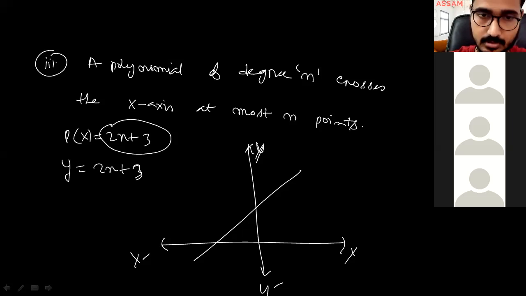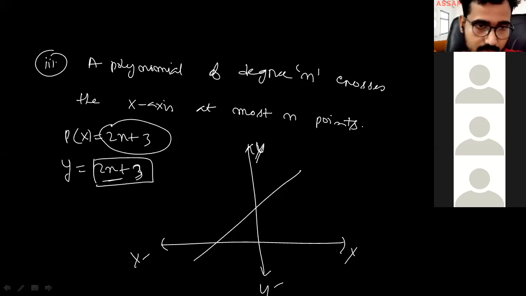First you have to see whether the variable is x or y. Here the variable is x, that means the polynomial is 2x plus 3. We let y equal to 2x plus 3 for plotting, but actually the polynomial is 2x plus 3.